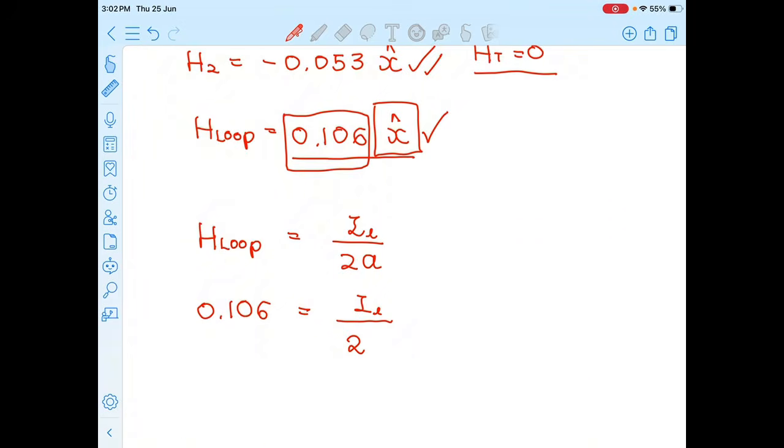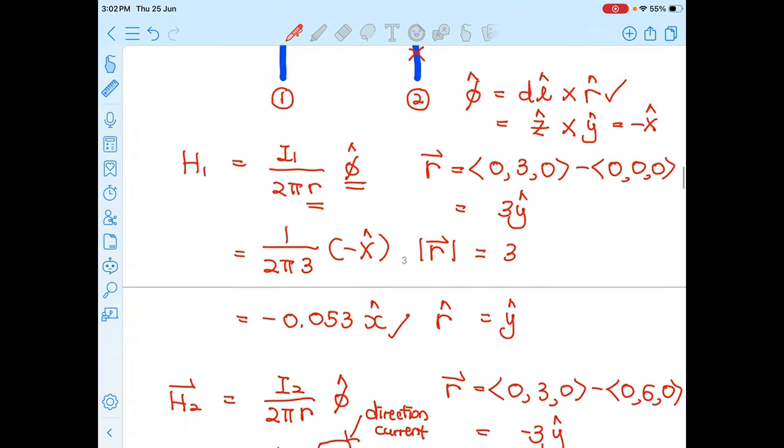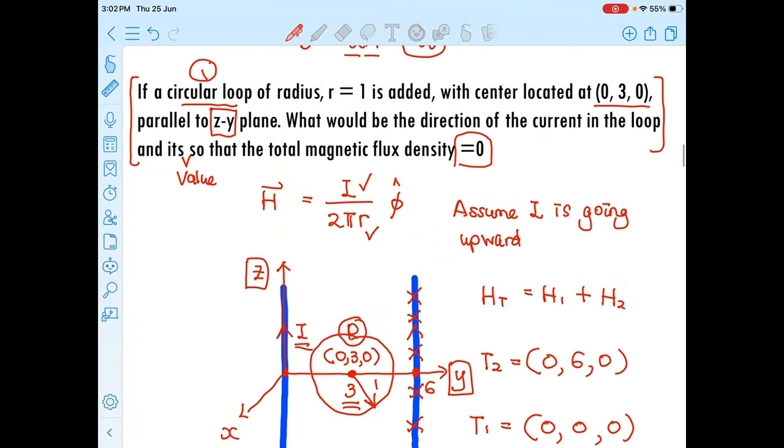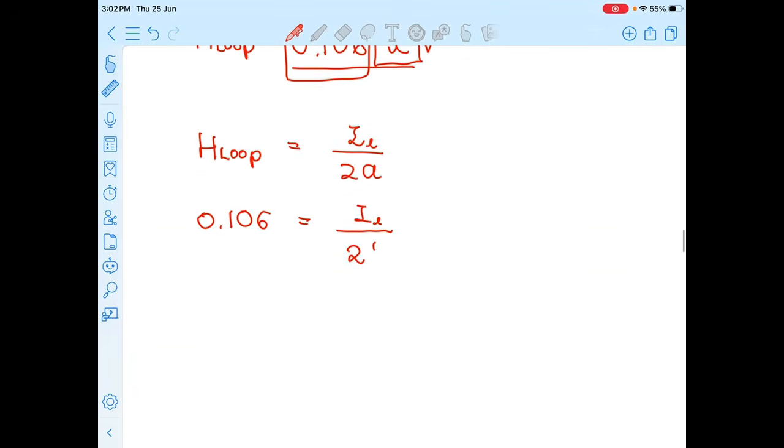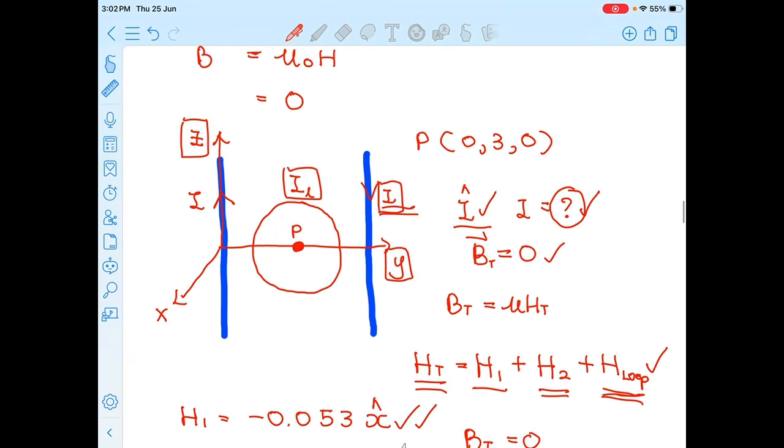If my radius is equal to 1, I will replace my 1 over here. So I loop will be equal to 0.106 multiplied by 2, which is 0.212 ampere. This is the value of the current in the loop.